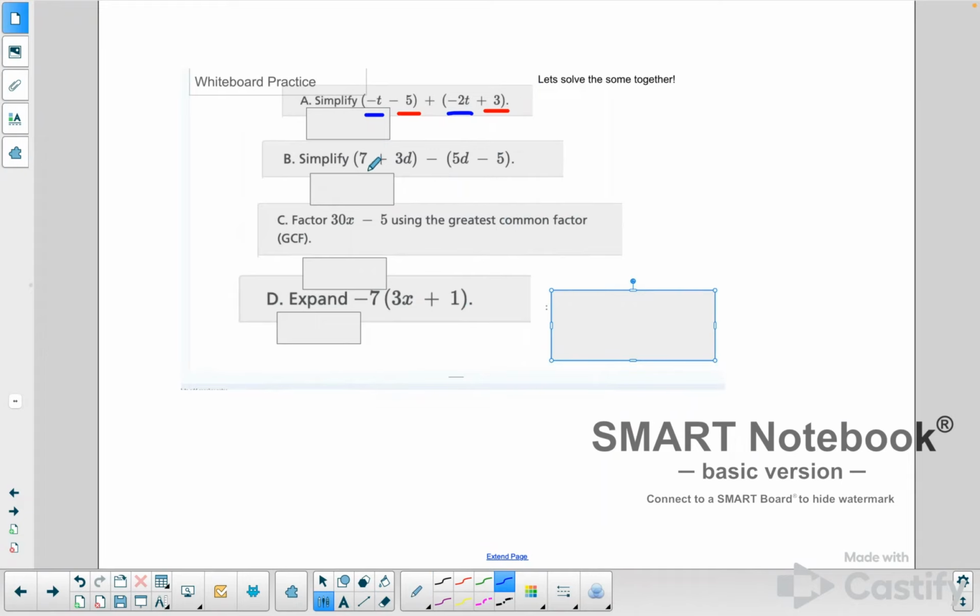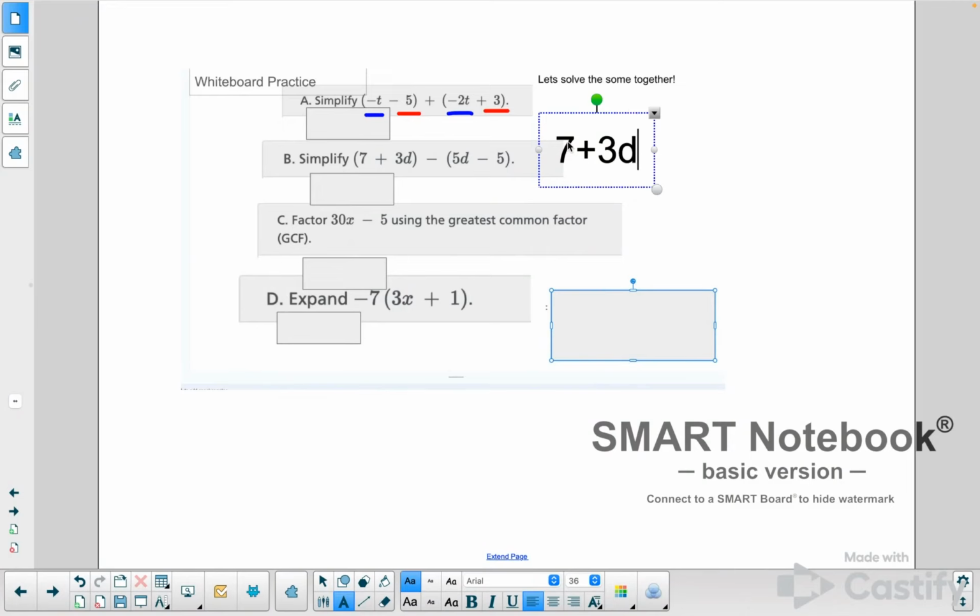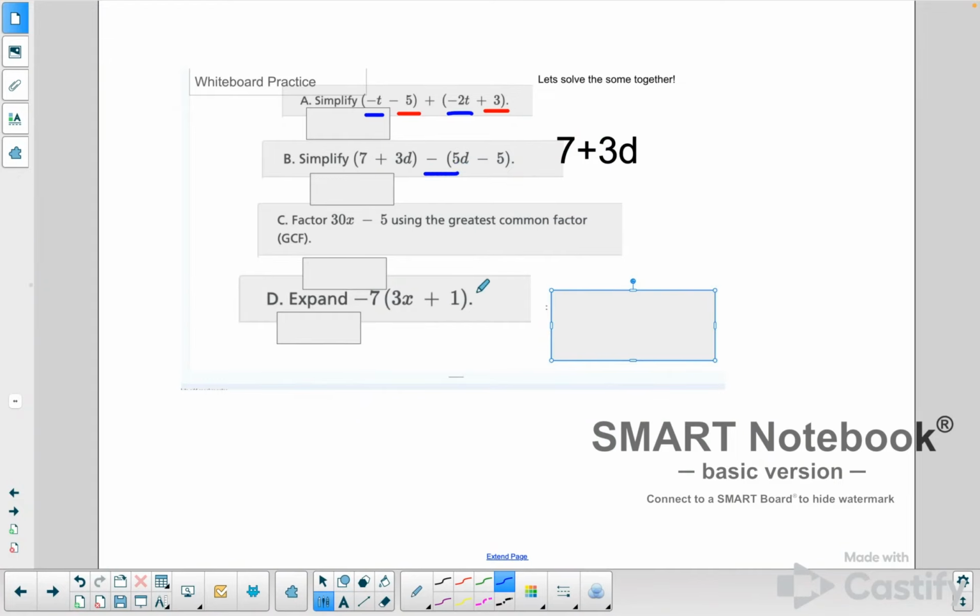We have 7 plus 3d minus parentheses 5d minus 5. So we want to start with our expression on the right first. It's easier to type this out here, so I'm going to do that. So we have 7 plus 3d. And then we have to take our minus and distribute that to our terms inside of our parentheses.